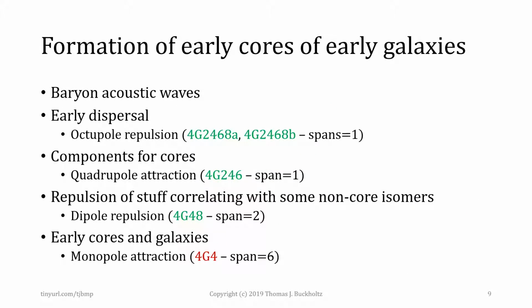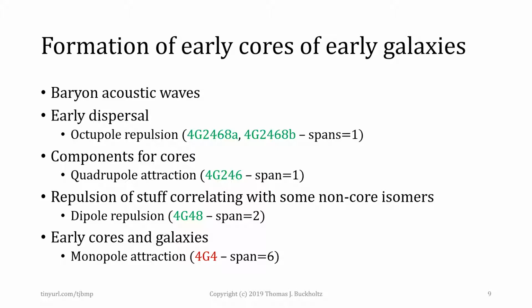Early in the history of the universe, baryon acoustic waves and dark energy octopole repulsion disperse stuff. Then, quadrupole dark energy attraction catalyzes the formation of single isomer clumps of stuff.